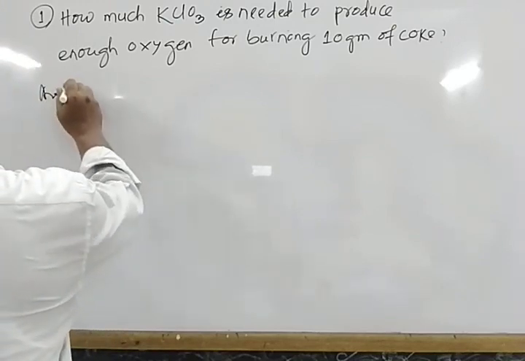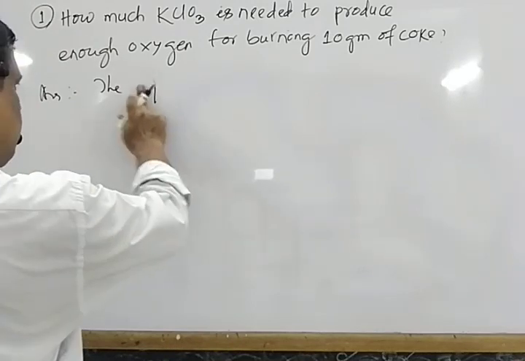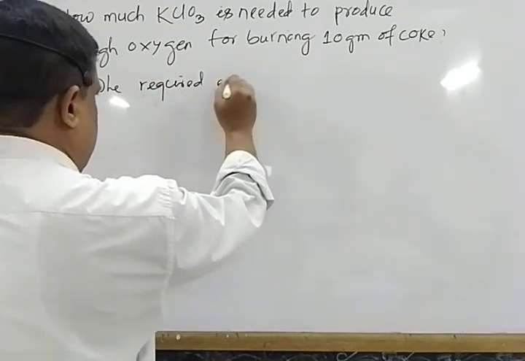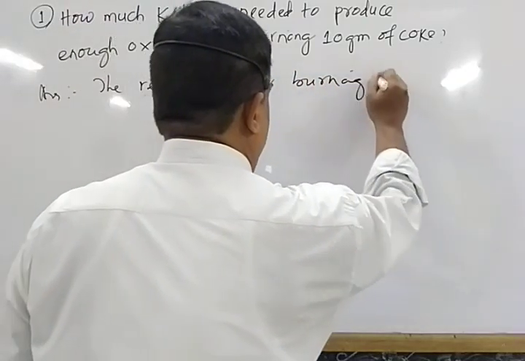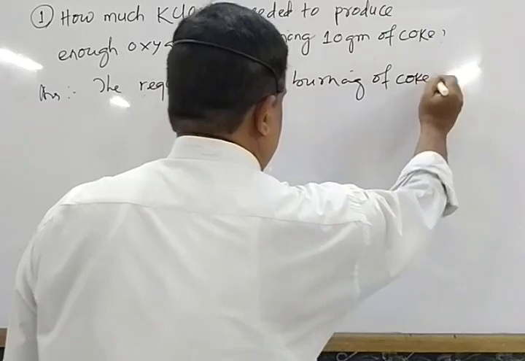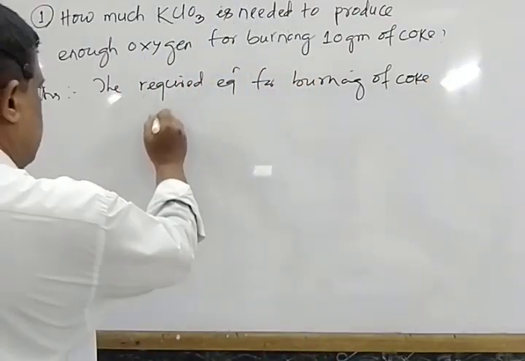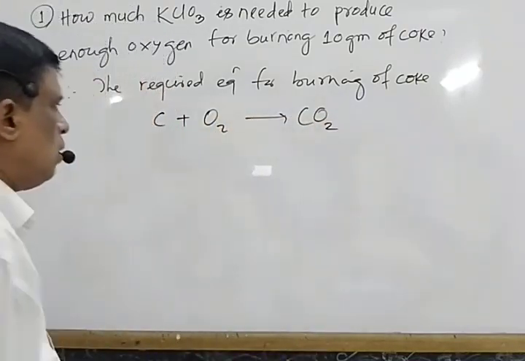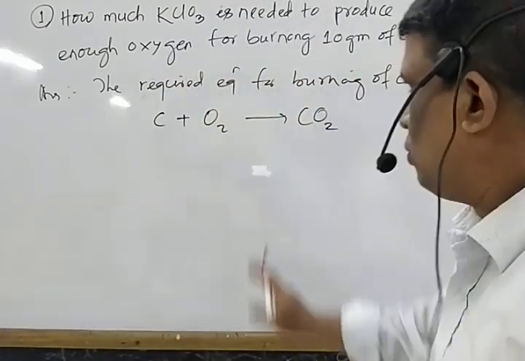Answer. The required equation for burning of coke: coke means carbon, C plus O2 gives CO2.